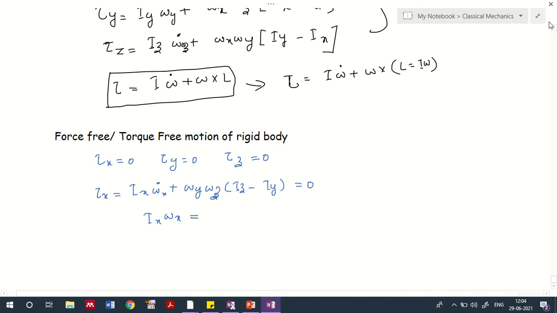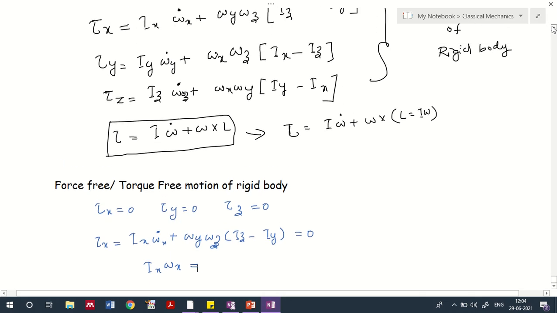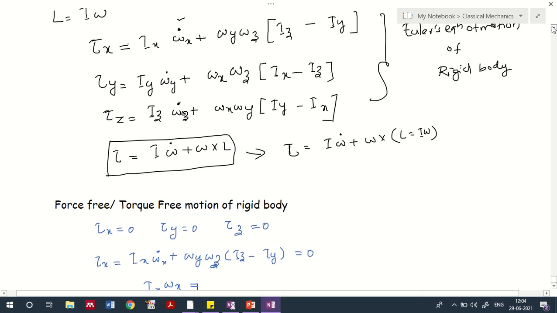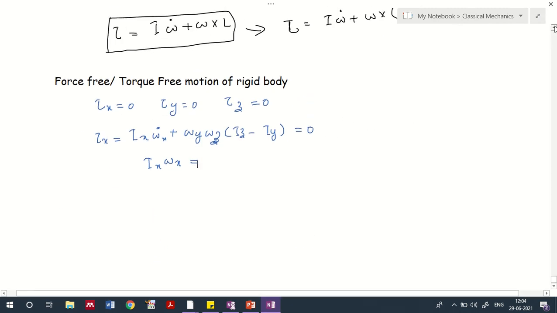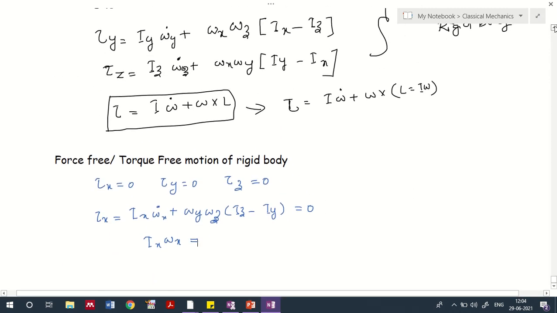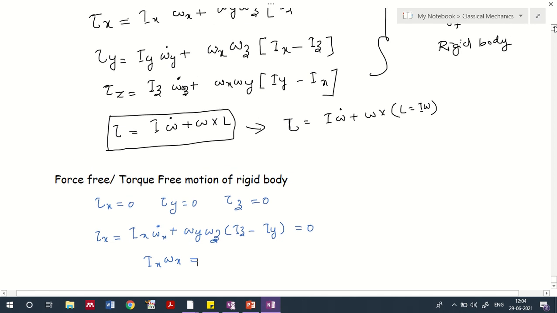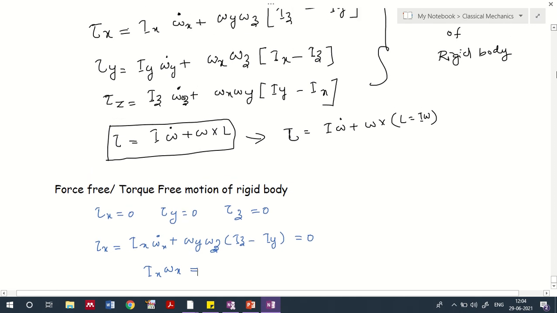Let me check it. And what about the second equation? I just want to check whether there is a negative quantity coming or not. Okay, right.